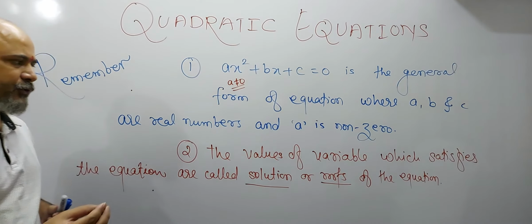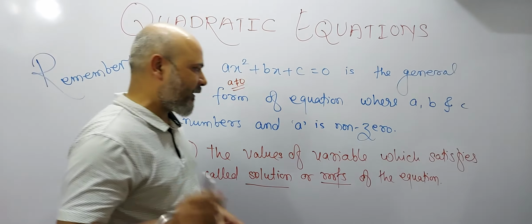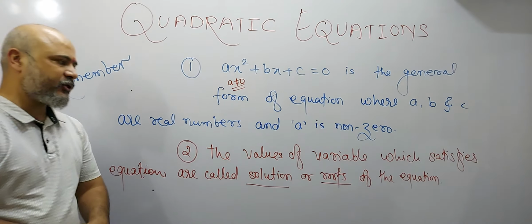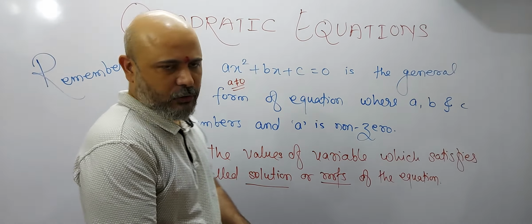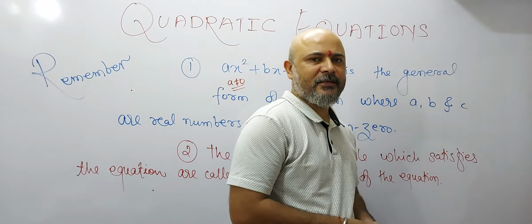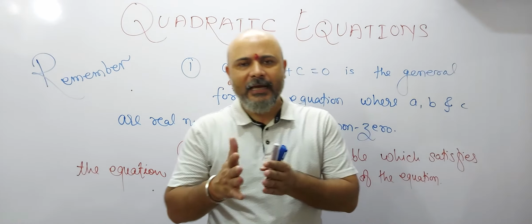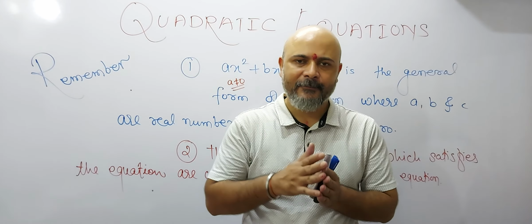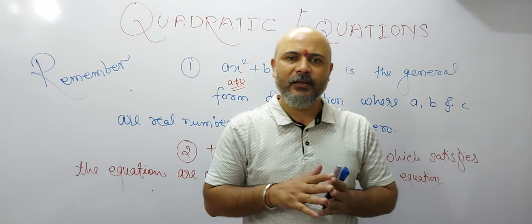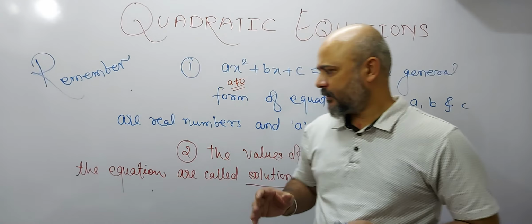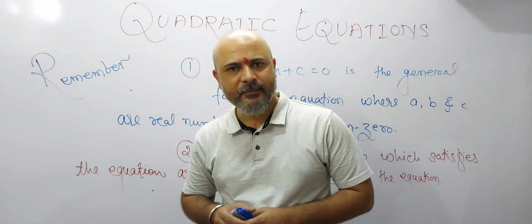When you put the value of the variable and you get LHS is equal to RHS, if both sides are equal, then you can say that the values are the solution of the given quadratic equation.